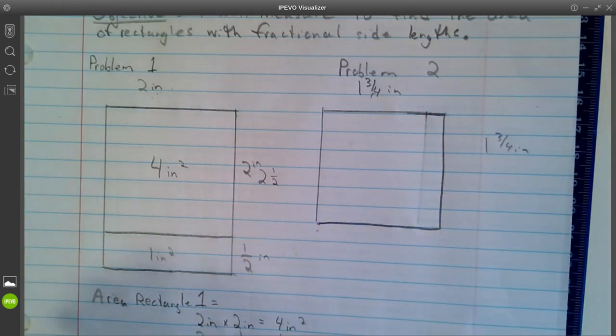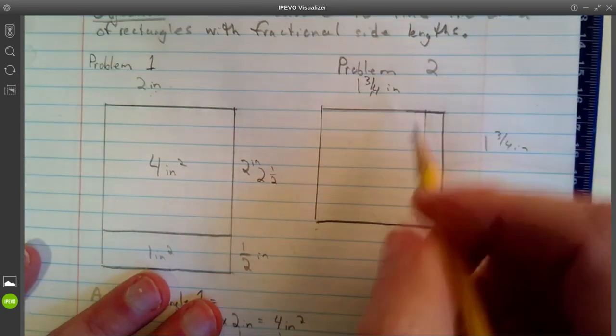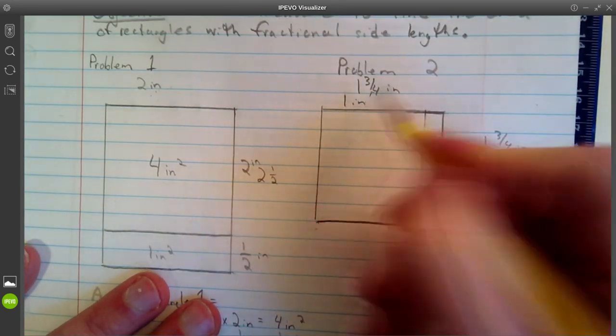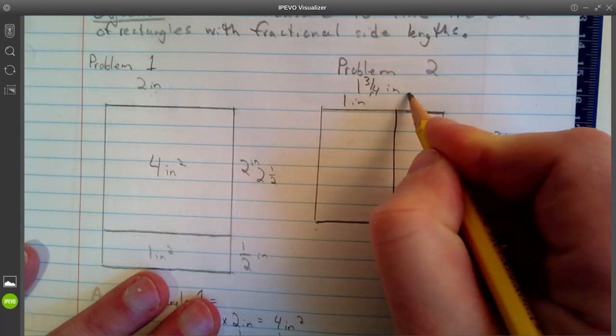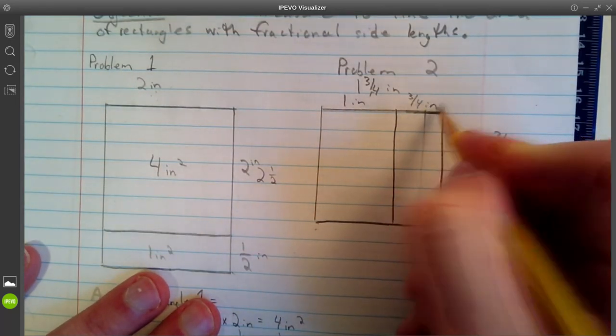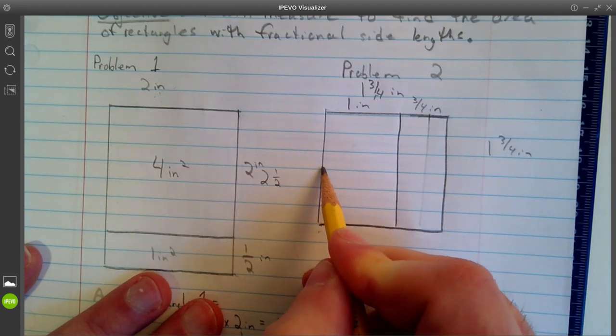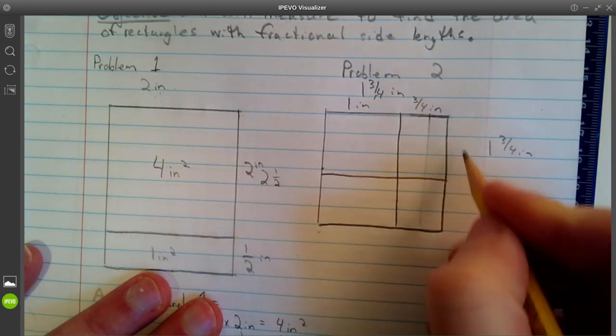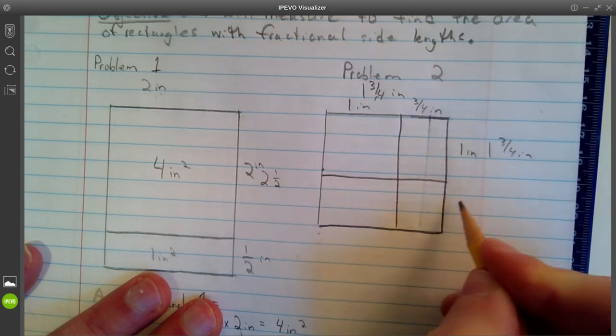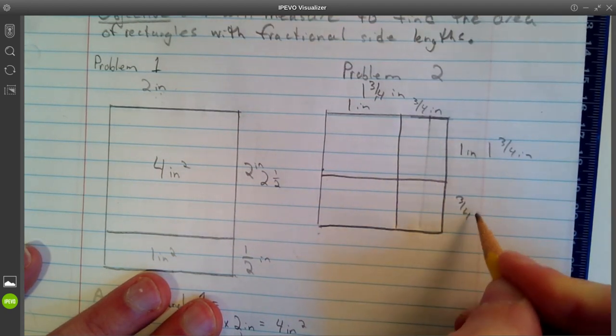And so what we'll have is 1 inch and then 3/4, and 1 inch and 3/4.